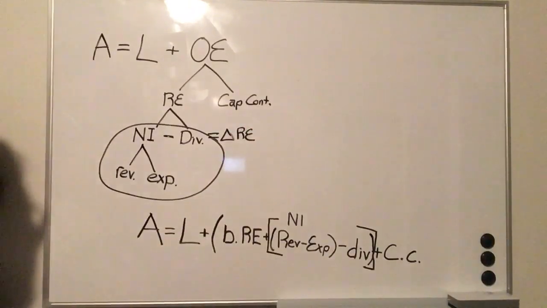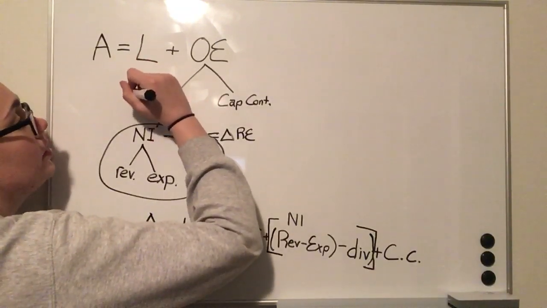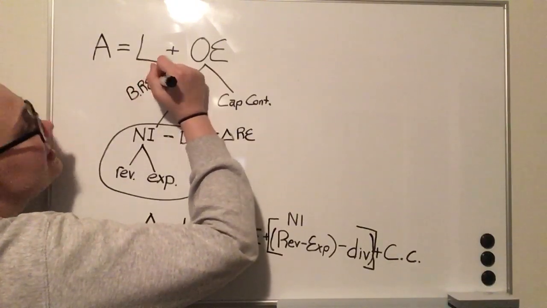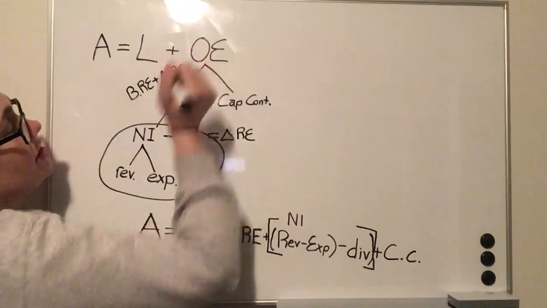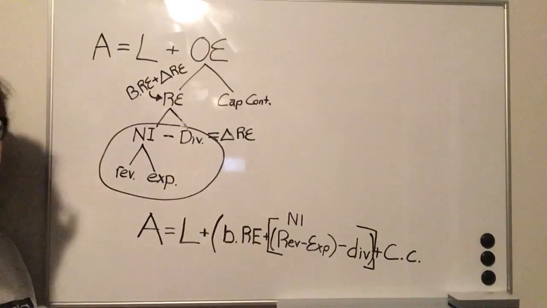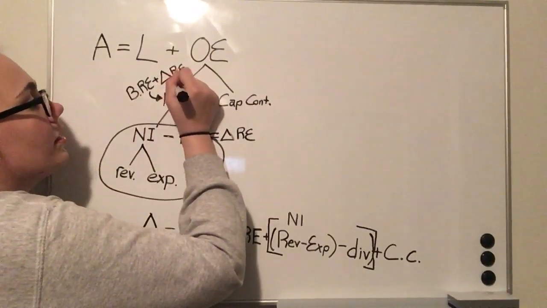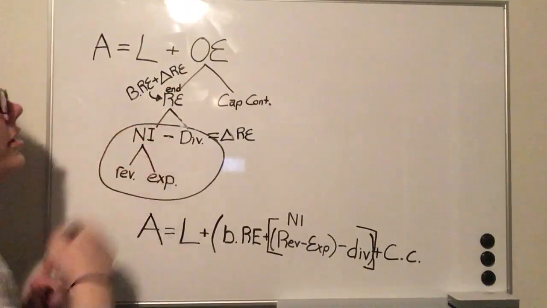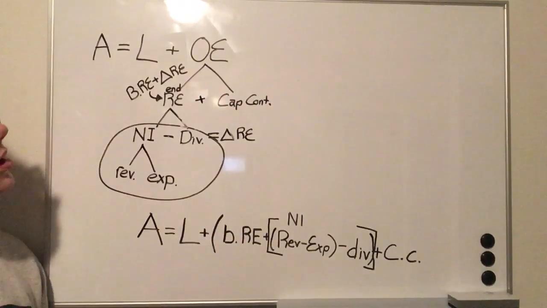But to find your owner's equity, you actually need your beginning retained earnings plus your change in retained earnings. And that's how you're going to get your ending retained earnings. And then you take your ending retained earnings plus your contributed capital, and that's your owner's equity.